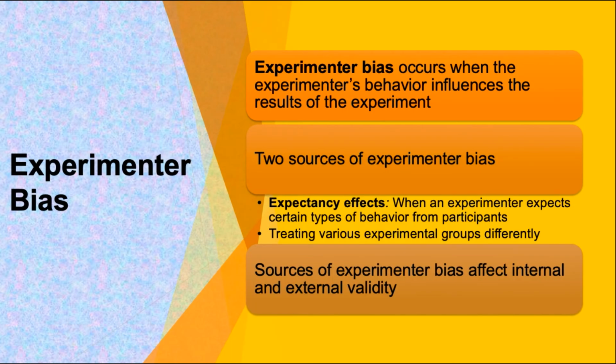So now we talk about experimental bias. The participant is not the only potential source of bias in an experiment. The experimenter can also sometimes unintentionally affect the outcome of an experiment.